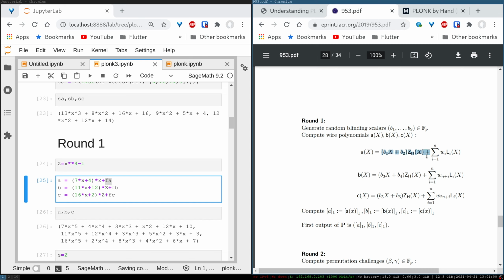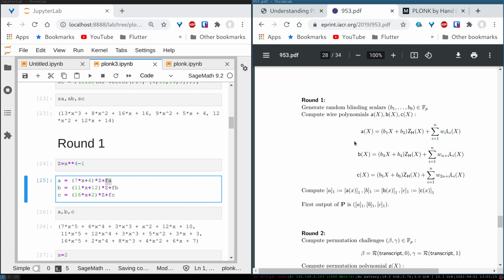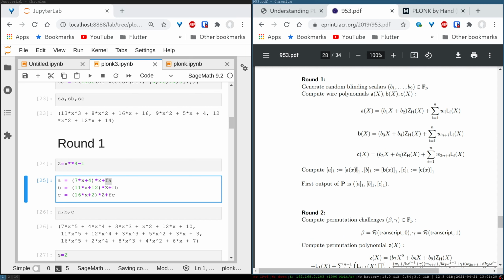So this term doesn't matter, but it makes this original A impossible to figure out from this blended value. So we do the same for B and the same for C. This is the first round, ABC, and then we evaluate ABC at our reference point.